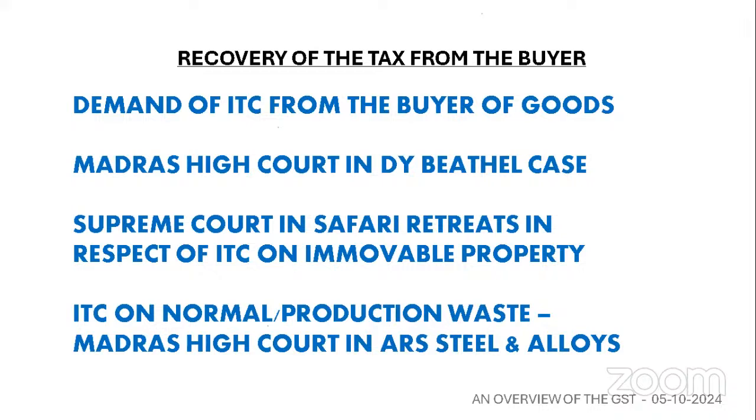But the GST department started using this against normal waste, production waste, and again, Madras High Court, in the ARS Steel case, held that normal wastage is inherent in the manufacturing process. Therefore, the ITC on the goods lost during the process of manufacturing should not be demanded from the users of those particular goods.